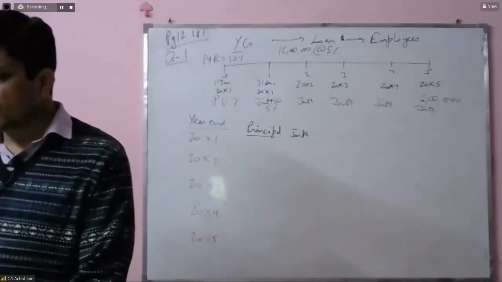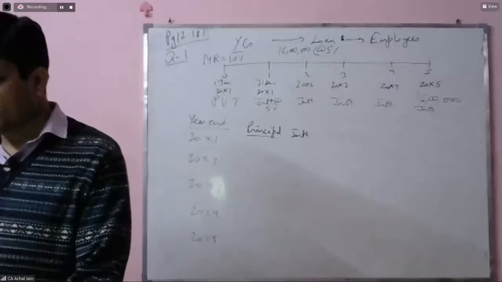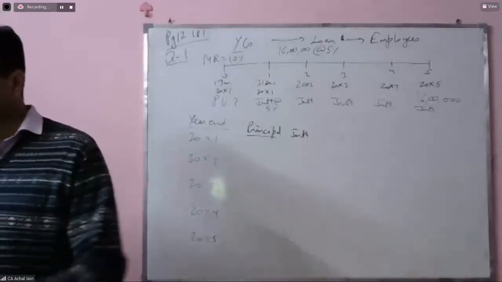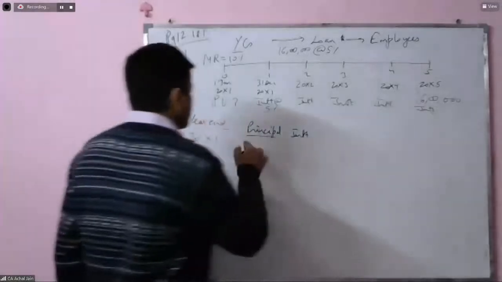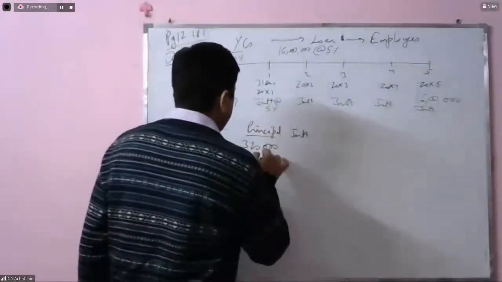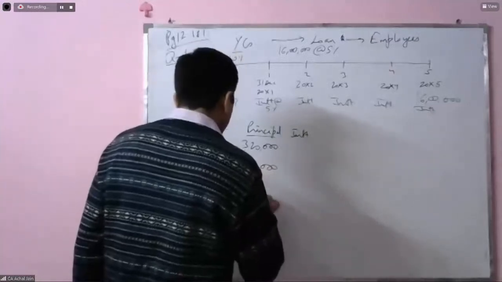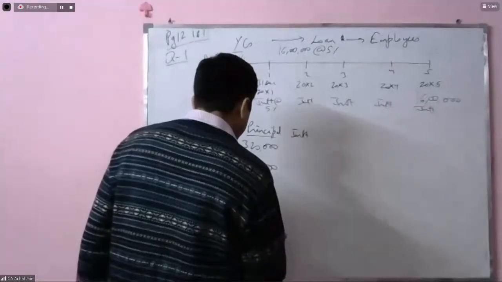So if we pick up 3,20,000 per annum, the total of this will become 16 lakh.